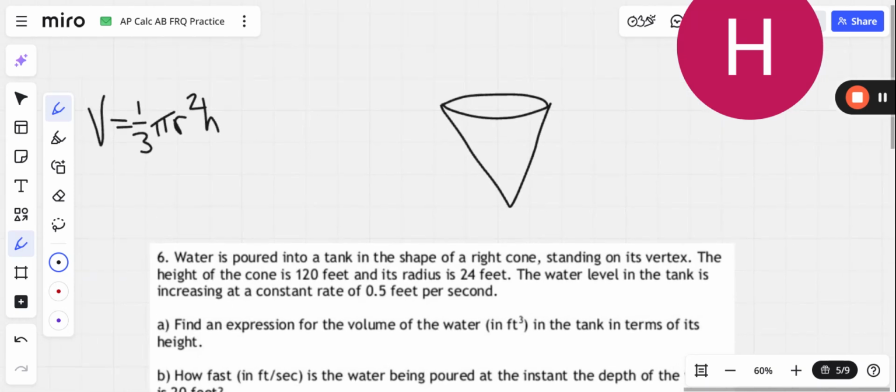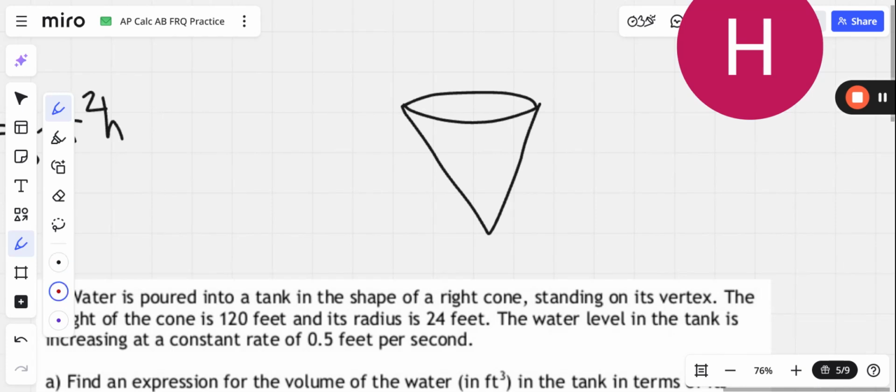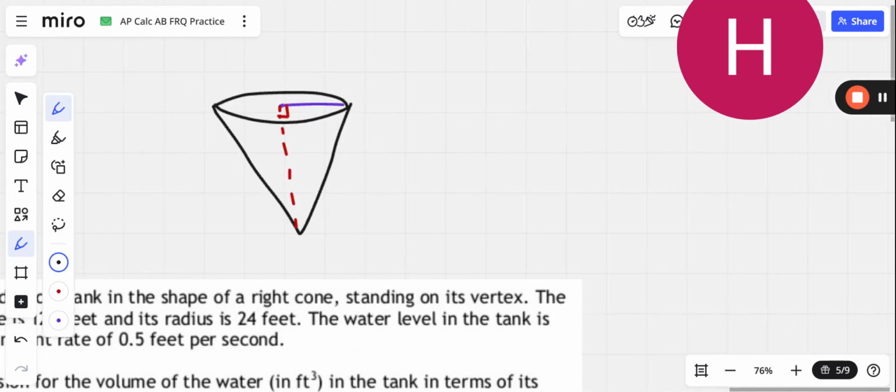So what I want you to notice is that the cone, which has a radius on its base, and it has a height which goes from the middle of that base. Let's see, I'll make it go sort of behind. That's our height. Those are always going to be in the same proportion, and this makes a right angle. These will always be in the same proportion.